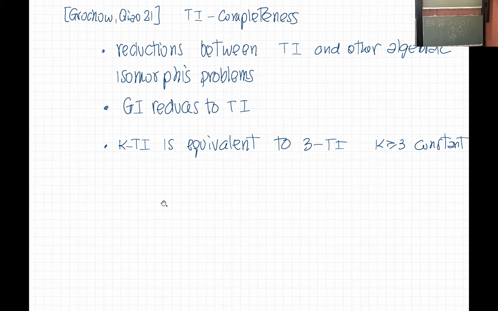For example, there are several reductions between TI and other algebraic isomorphism problems. Graph isomorphism reduces to tensor isomorphism, and moreover, k-tensor isomorphism is equivalent to 3-tensor isomorphism when k is greater than 3, for k constant. And this is the reason why we are staying with this.